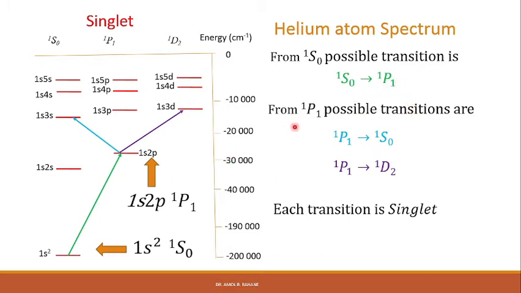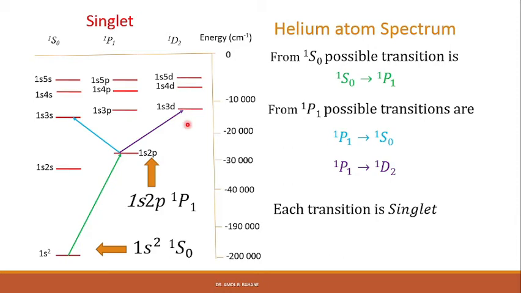And from 1P1, there are 2 possible transitions. That means either the transition is from the 1P1 level to the 1S0 level, or 1P1 to 1D2 transition, that means all these levels are 1D2 levels, right?